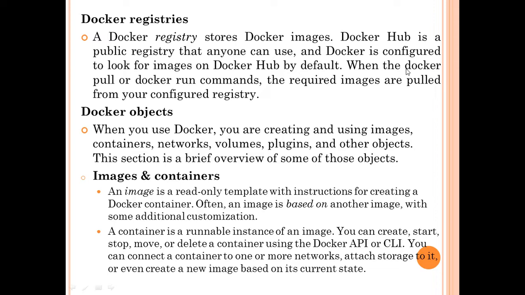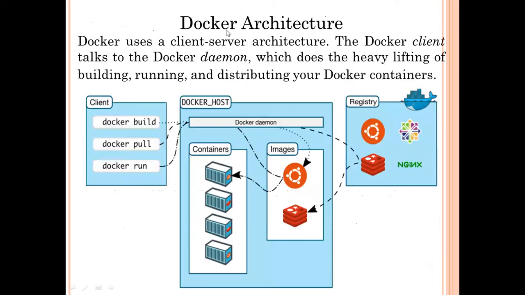So firstly it will need to download that. Now if the application or the OS which you want to run is present inside the registry, it is well and good. If it is not there and you have made some changes in the OS and it is your own OS which you want to run, then you need to upload it on that registry.